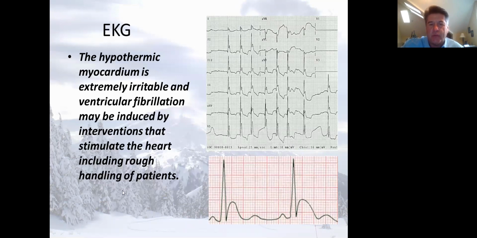Because if you raise somebody's arm or you're rough, all that cold and frozen water or blood that's in the patient's arm goes back to the heart. The heart is already irritable, and you can shock the heart by pouring cold water into it.